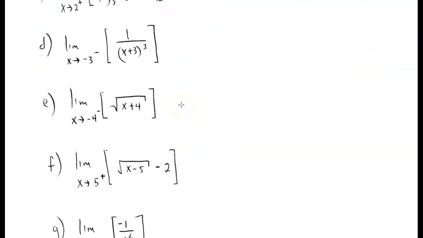So for our next example, we want to graph what 1 divided by (x plus 3) cubed is. Now, notice that 1 divided by (x plus 3) cubed is going to act a lot like 1 over x plus 3. The difference is with the cubed, and I'll go ahead and draw what this looks like here.